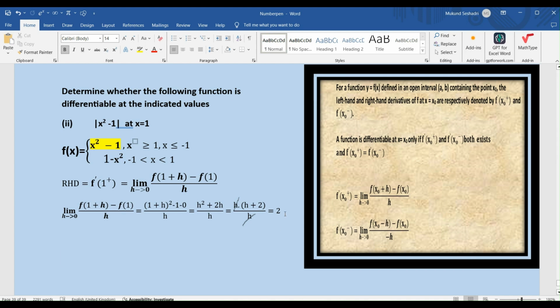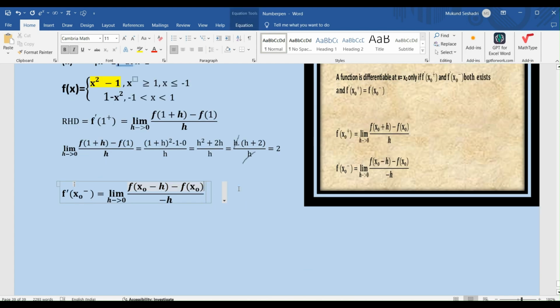Now let us jump to the LHD. So let me write down my LHD first. My LHD is f dashed of x naught minus equals limit h tending to 0 f of x naught minus h minus f of x naught divided by minus h.